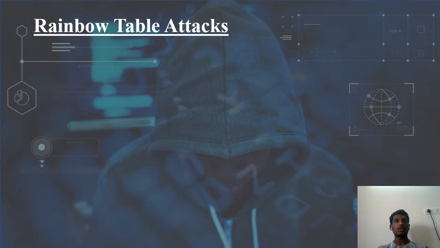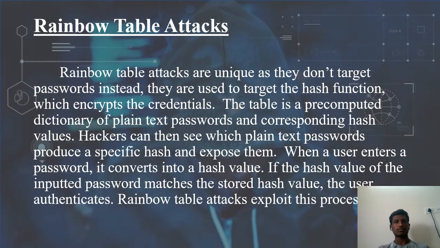Rainbow table attacks are unique as they don't target passwords. Instead, they are used to target the hash function which encrypts the credentials. The table is a pre-computed dictionary of plain text passwords and corresponding hash values.